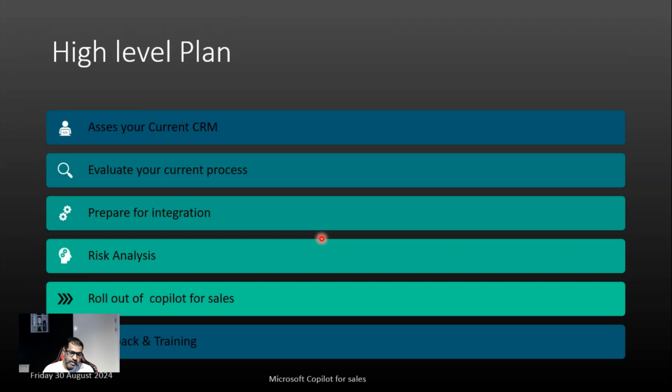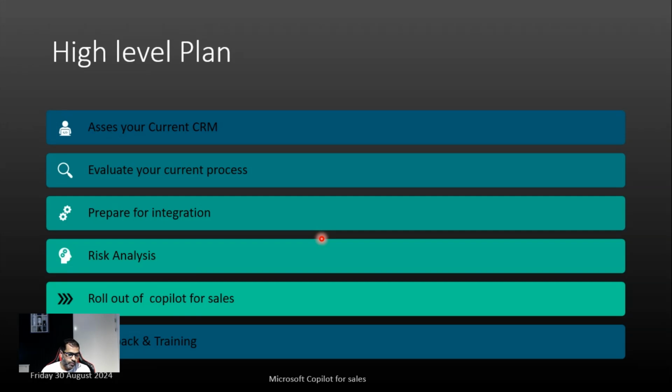So, having said that, how are you going to do this at a high level? For any case, I always recommend to assess your current CRM. Just check how your current CRM is. Is it supporting integration with Microsoft 365 for Sales Copilot?